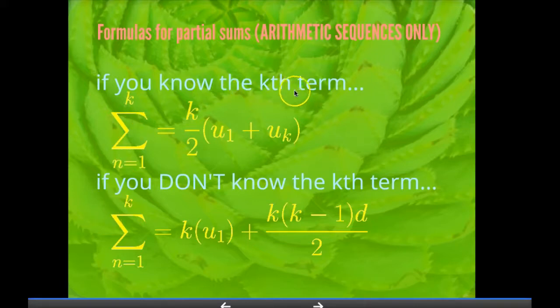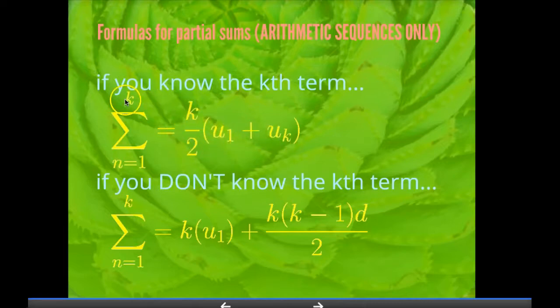So if you know what the kth term is, you know what u sub k is equal to, and this number will be different from what k is equal to. These two numbers will, for the most part, be different from each other.